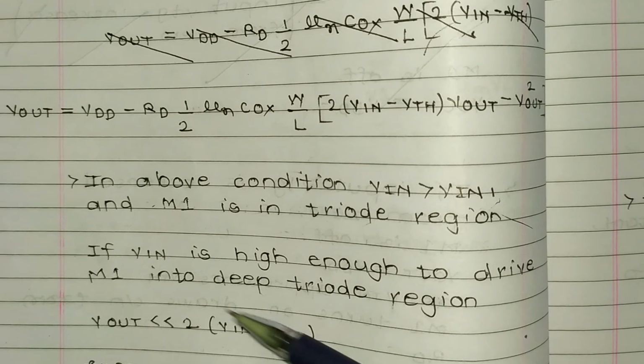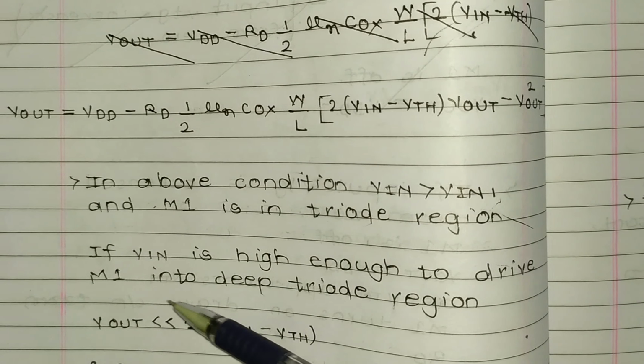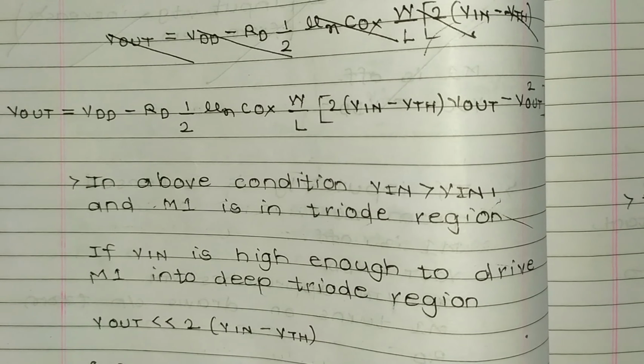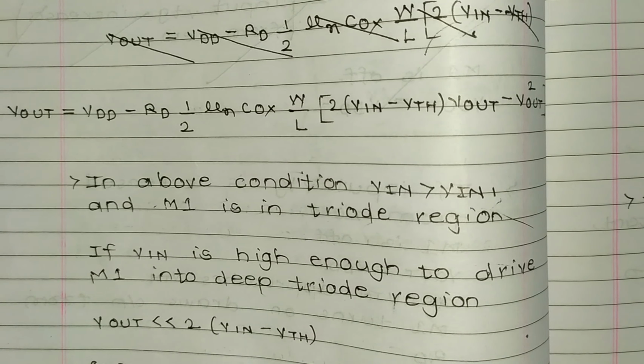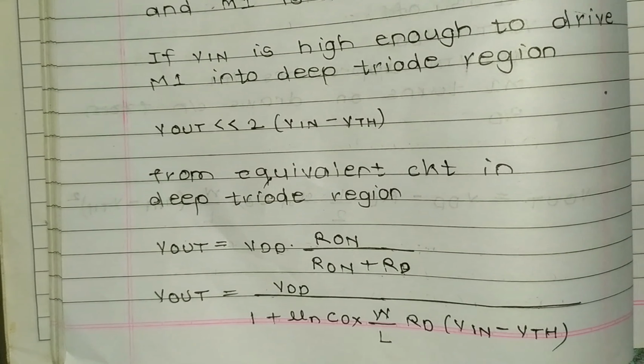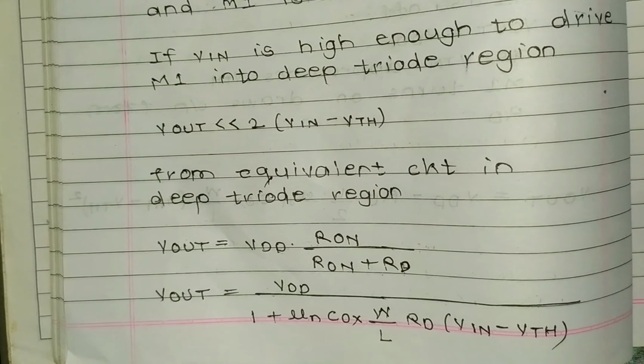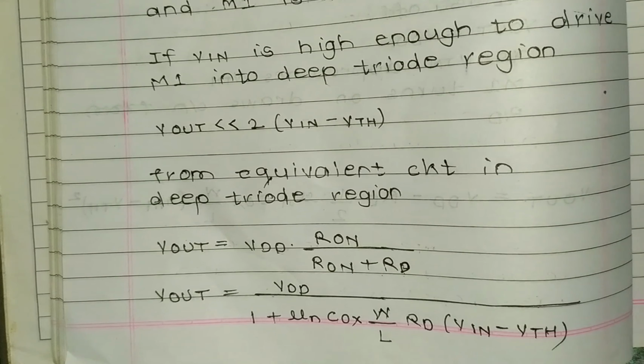If Vin is high enough to drive M1 into deep triode region, Vout is much less than 2 times (Vin minus VTH).